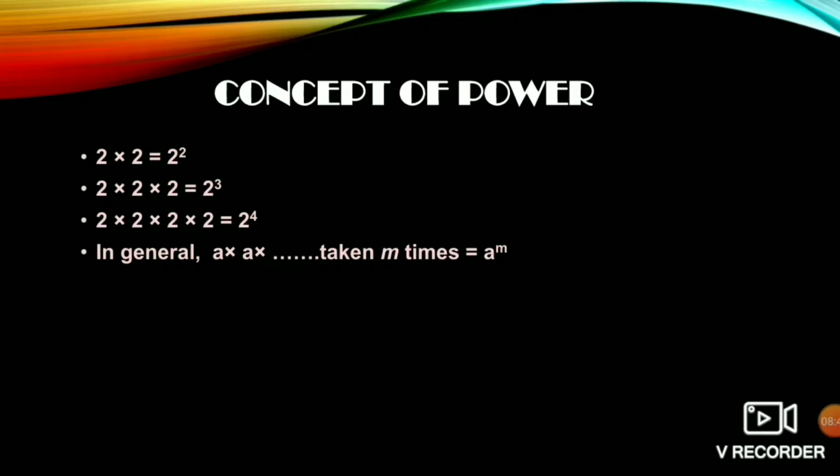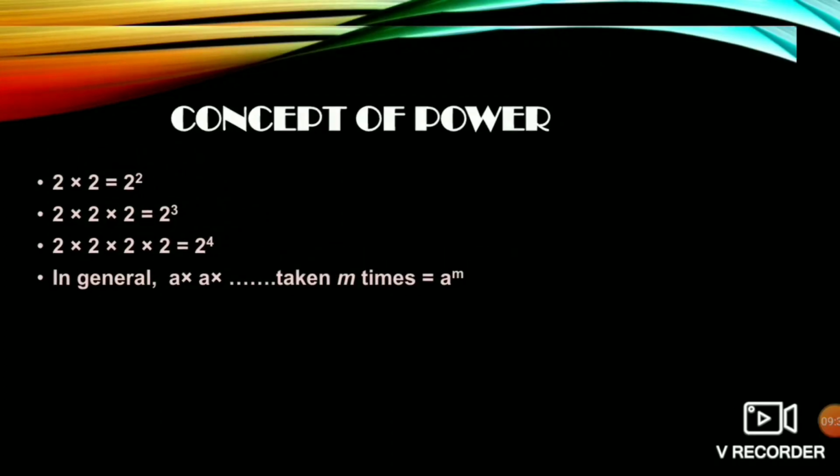When we write 2 multiplied by 2 multiplied by 2, it can be written as 2 with superscript 3 and it is read as 2 raised to the power 3 and so on. So, if we multiply a by itself m times, it can be written as a with superscript m and it is read as a raised to the power m.